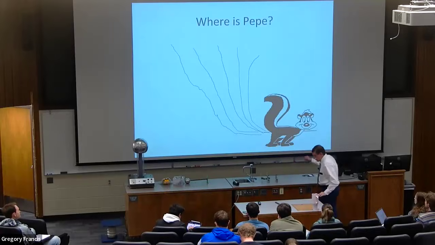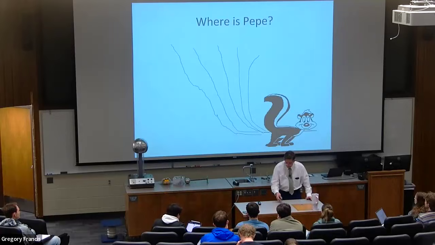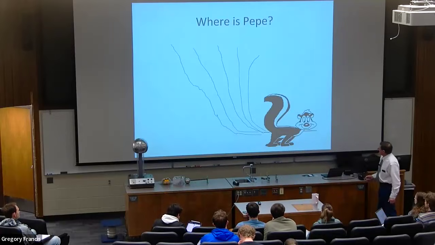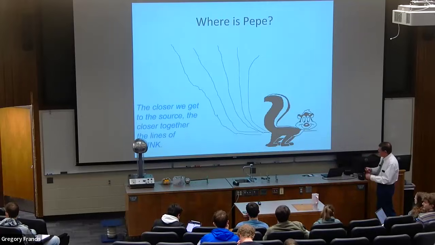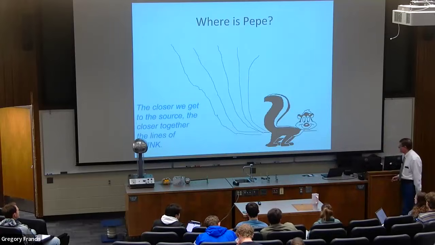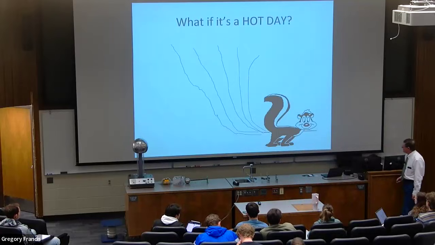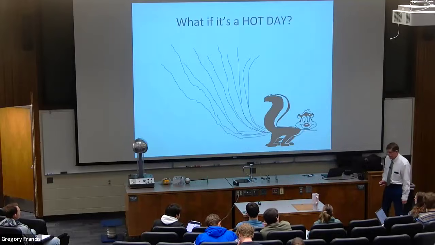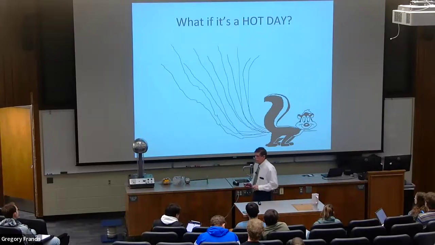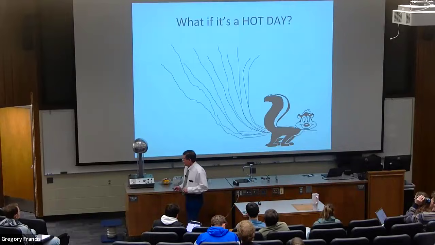Now, we're going to use the same idea that Pepe LePew's creators came up with. The closer we get to the source, the closer together the lines of stink. And what if I got a really hot day where he's really stinky? If it's a hot day, I just have more lines of stink. So the greater the stink, the more lines I use to represent it.